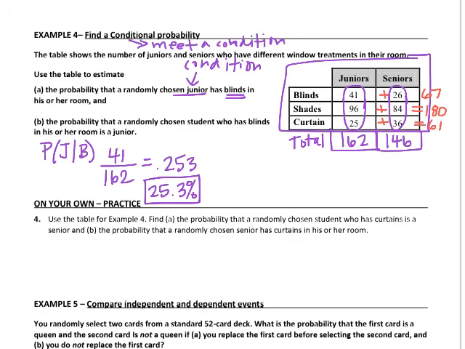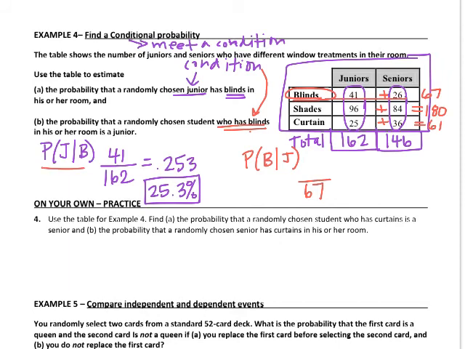And part B of this problem says, what is the probability that a student who has blinds? Now we're changing it so that the condition is that you have to have blinds. Well, everybody in this row has blinds, so that's a total of 67 students. 67 students have blinds, and they have to be a junior. So I've switched the letters here.